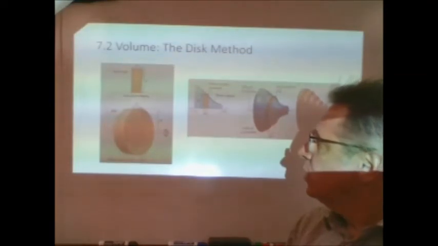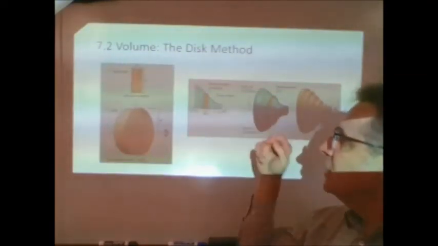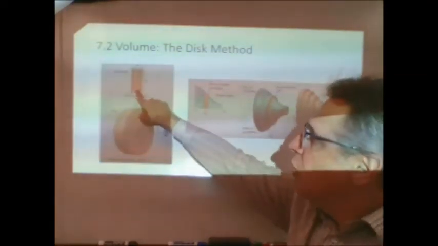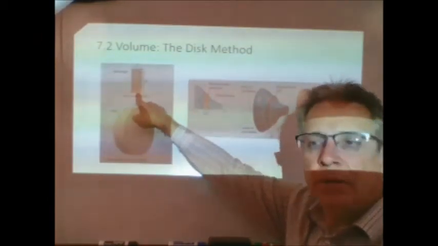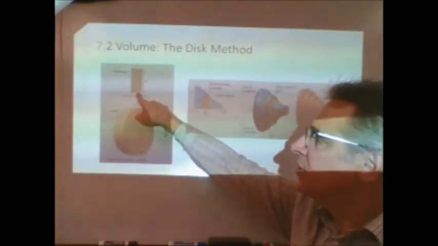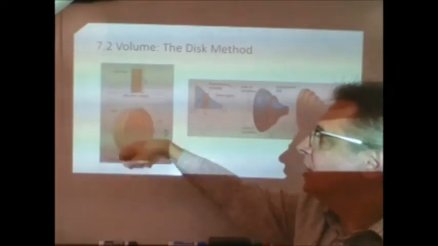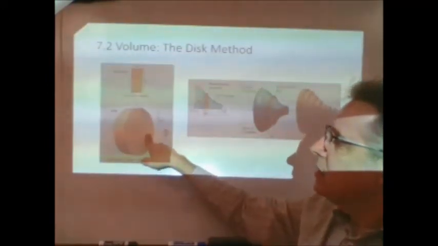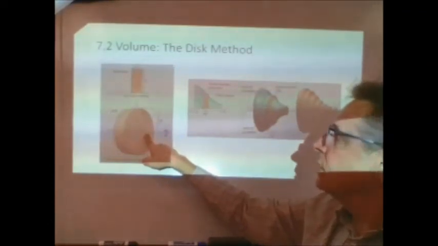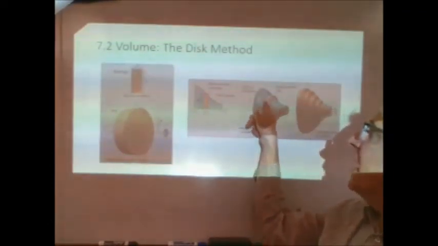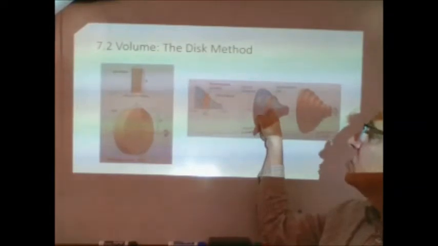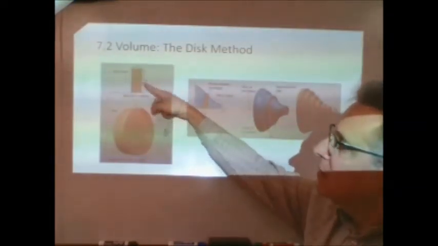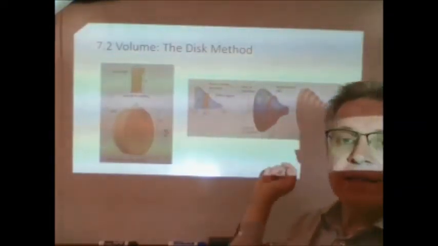What we're going to do to find the volume of this is go back to these rectangles that we would stack underneath curves to find the area under a curve. And we're going to rotate that rectangle about some axis of revolution and actually make this shape by rotating these rectangles around this axis.